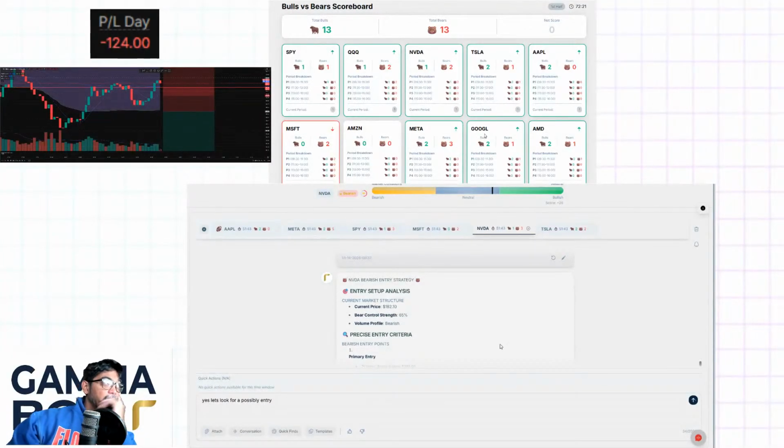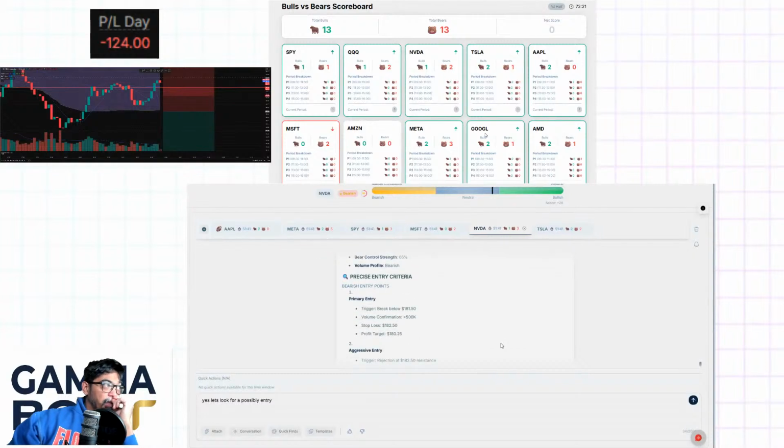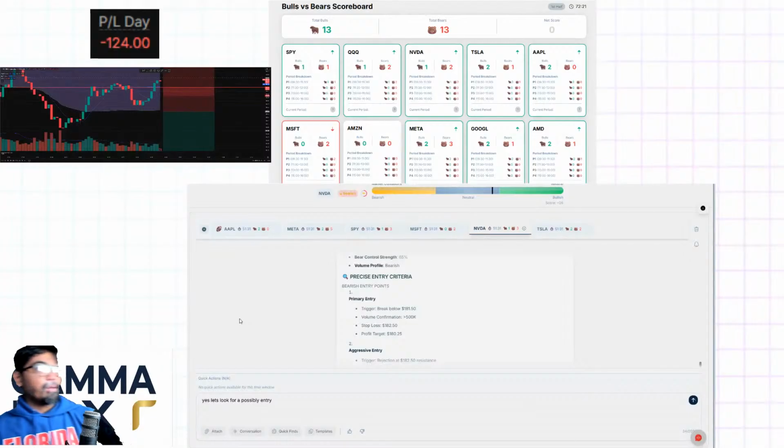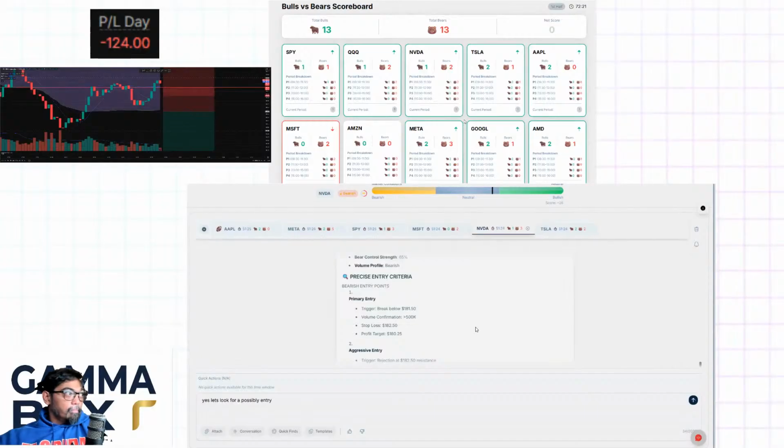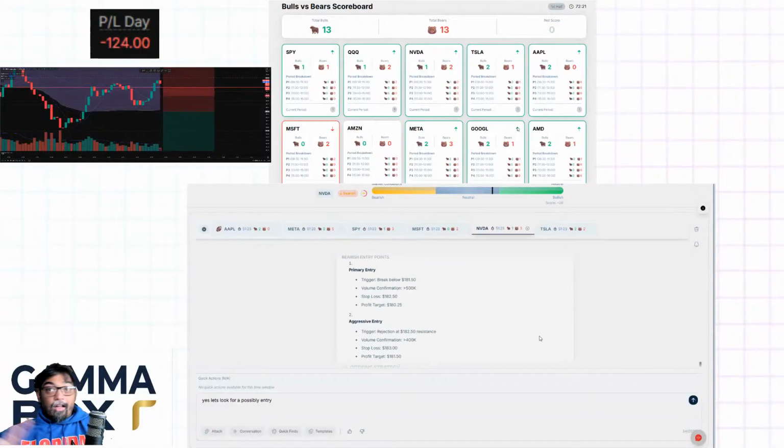So this is given a 65% persistent entry: breaks below 181.50, volume confirmation 500,000, stop loss 182.50, profit target 180.25. So I'm going to follow this recommendation.